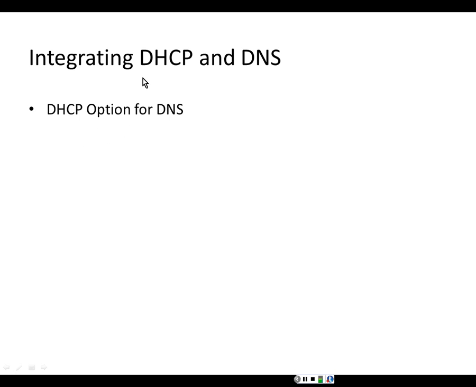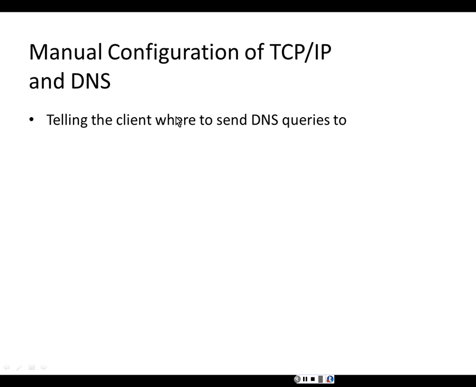Now let's discuss integrating DHCP and DNS. In Chapter 11, the previous chapter, we saw that we could configure the DHCP option for DNS. Now, we previously saw that you could manually configure TCP/IP and DNS.